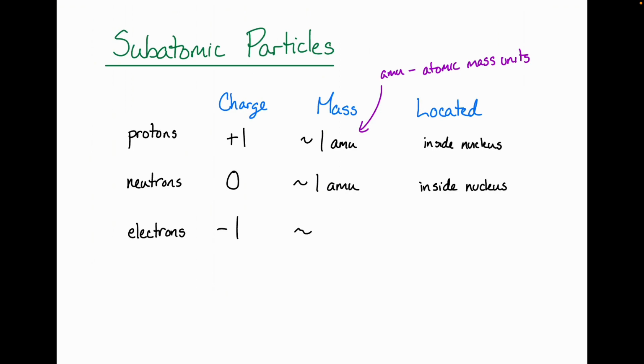So we always say it's about 0 AMU. Truthfully, it's more like 0.0005 AMU. It does have some mass associated with it, but very, very little, right? These are very light little particles. I kind of imagine them as little lightning bolts zipping around in that atom. All right? And unlike the protons or the neutrons, they are located outside the nucleus.